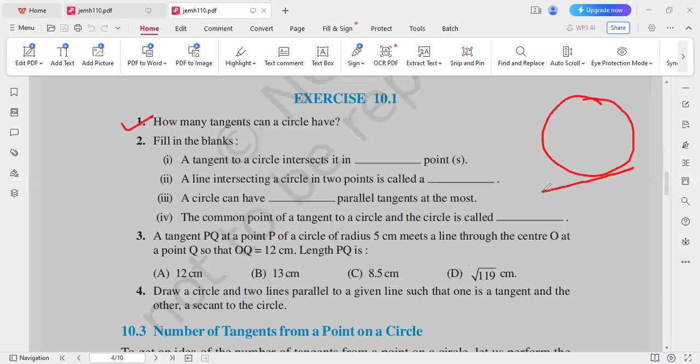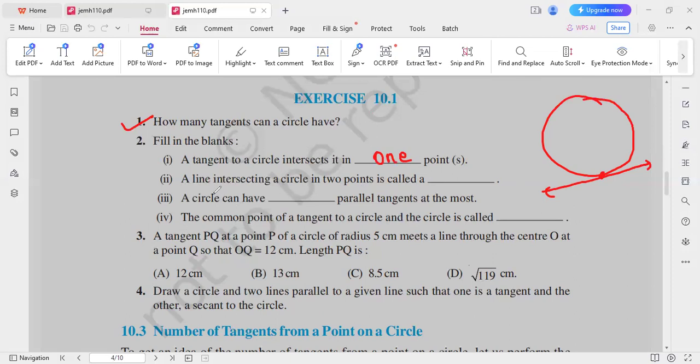This tangent is intersecting the circle at how many points, Manya? One. That is the answer. One point. See, just by understanding the concept, Manya, you will be able to answer all the questions here.